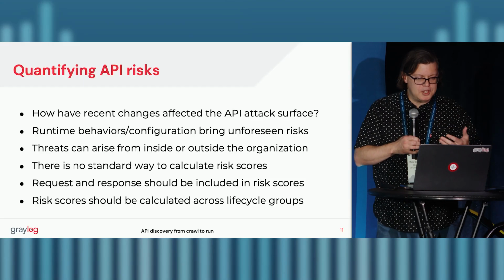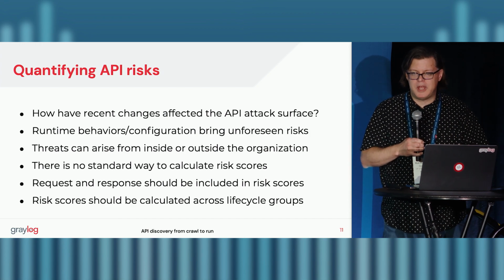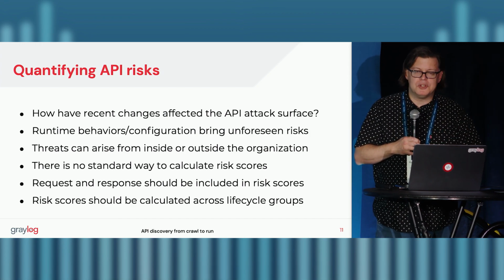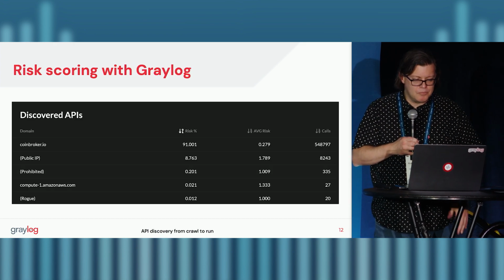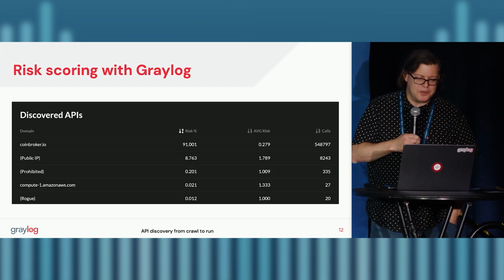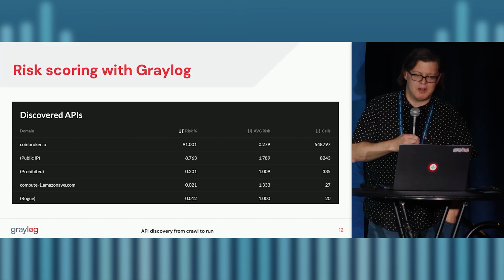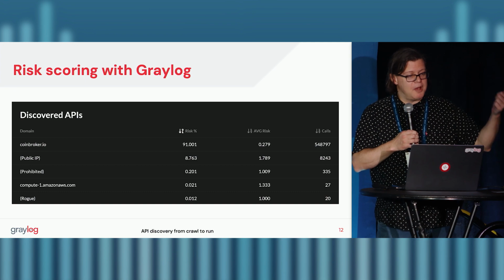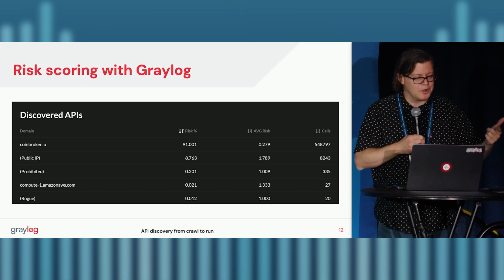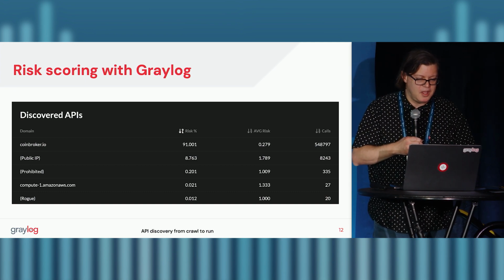And again, we want to use those lifecycle groups that we had, because we want to use the risk scores to help prioritize what the organization should actually be focusing on. We started off with that statement about wanting to say how many APIs we have, how many of them are rogue, how many of them need attention.